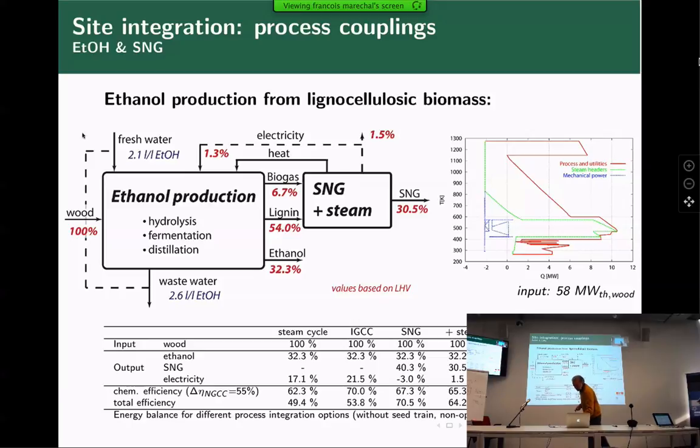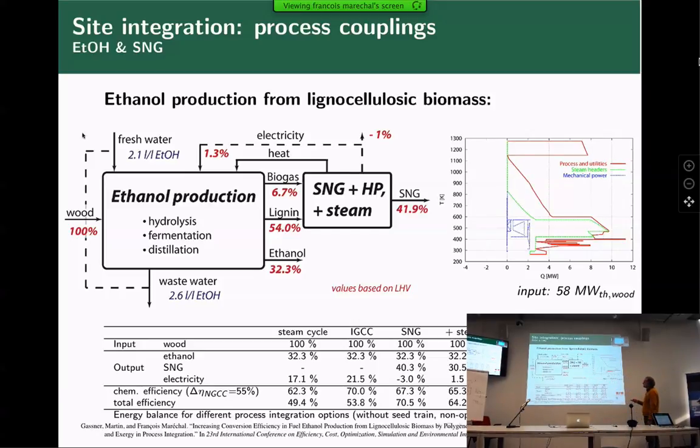And at the end, what we have found is that it was making sense to not only add a steam cycle, but add also a heat pump, which is quite interesting because we are adding a heat pump, so it means that we are consuming electricity in order to be able to export electricity.